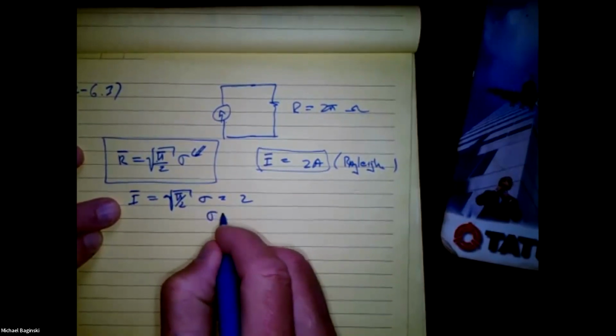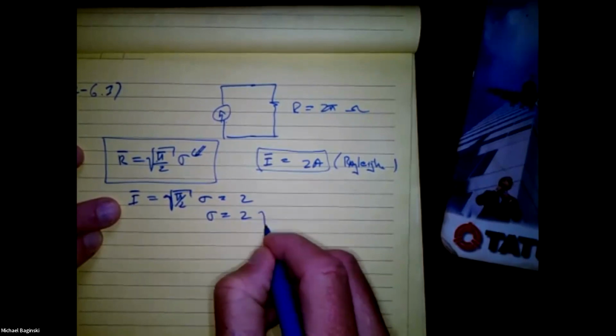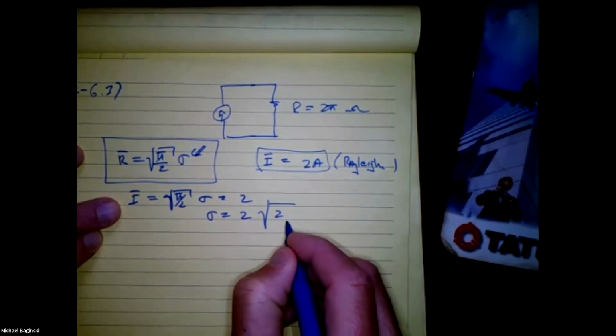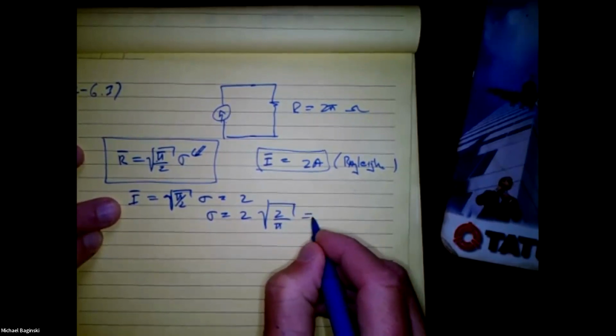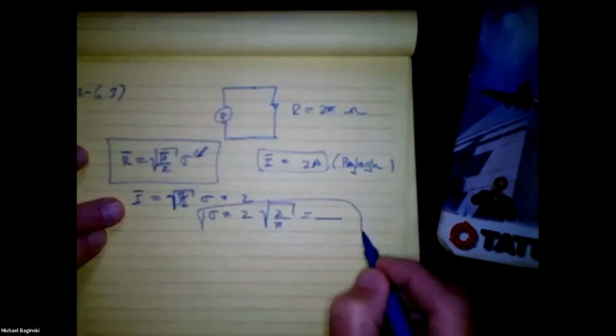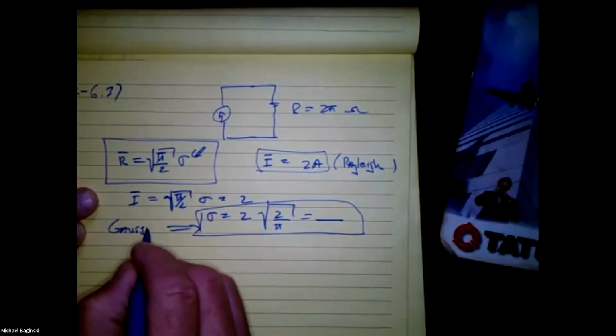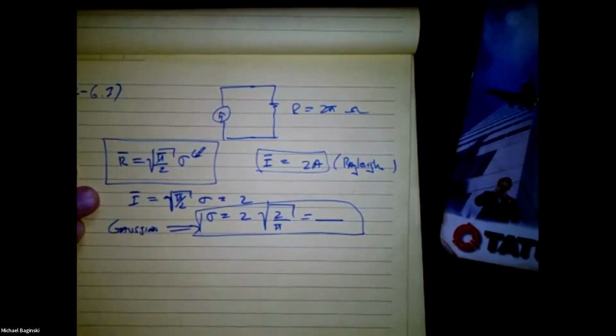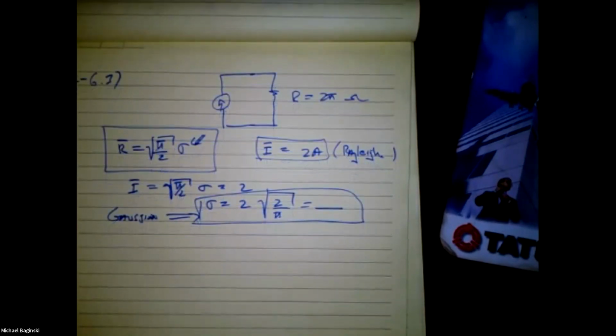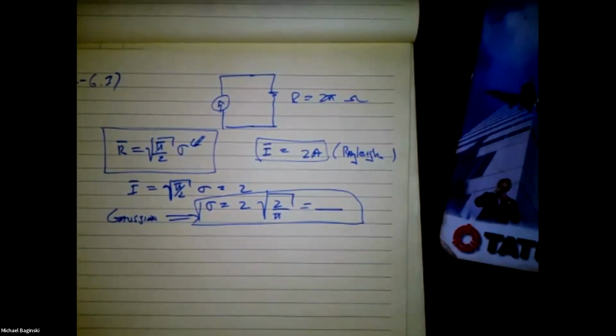That means sigma itself is equal to 2 times the square root of 2 over pi, whatever that is. That is for the Gaussian distribution that the Rayleigh is derived from. Y'all with me, class? Are you with me on this one? Yes. Okay, just making sure. We did this one.